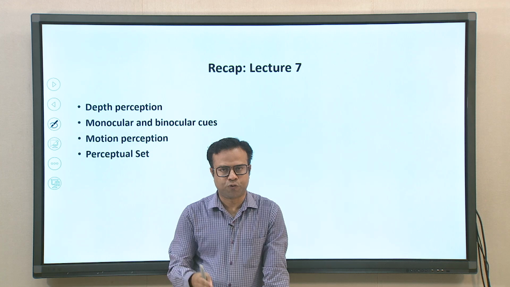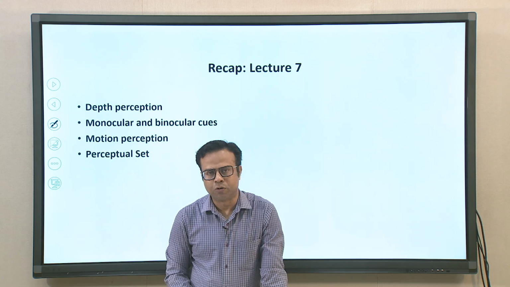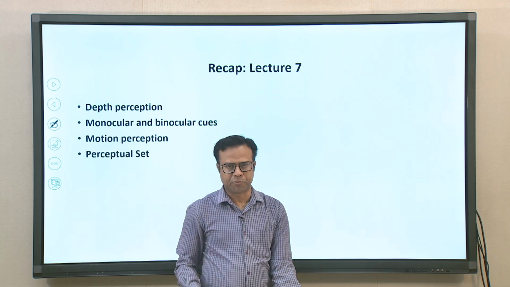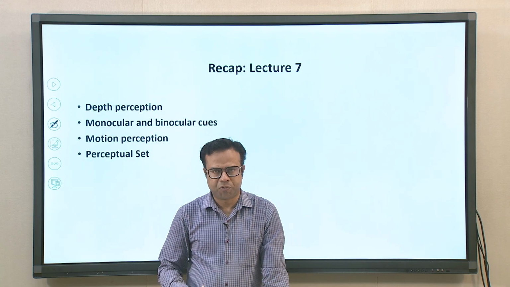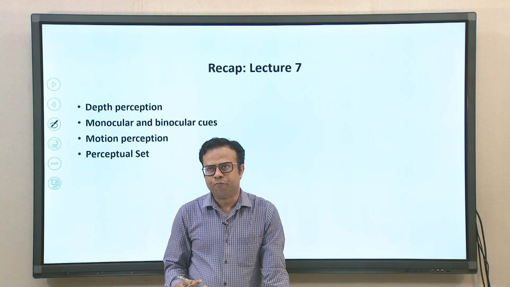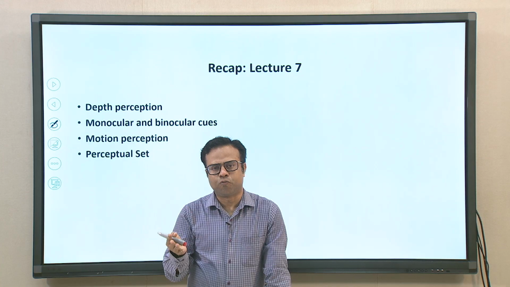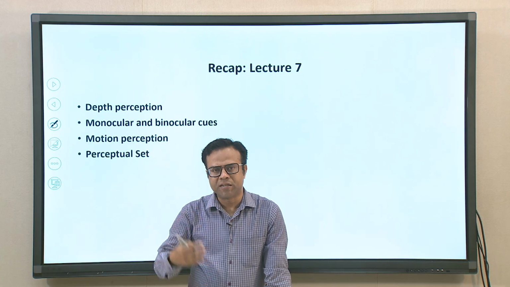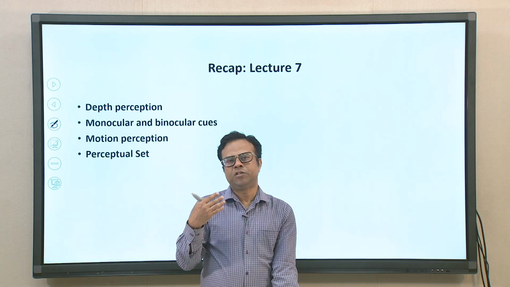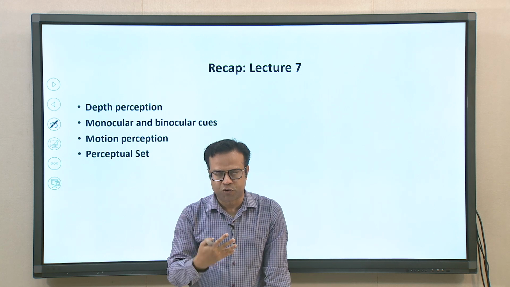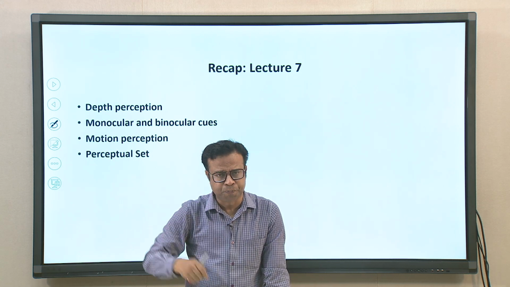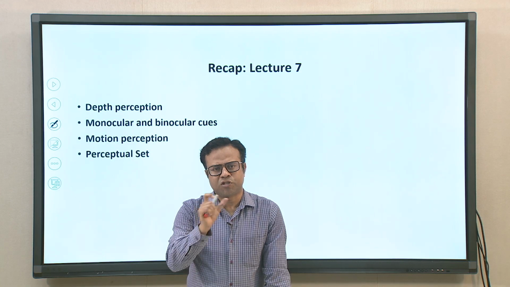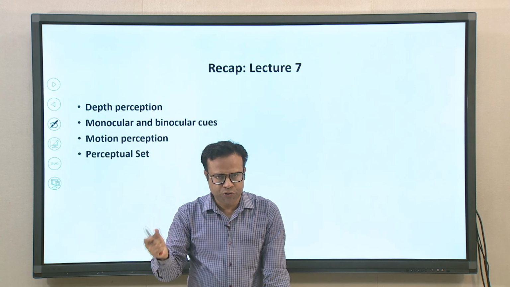The last lecture was part of the earlier module, which was about sensation and perception. In lecture number 7, we discussed the concept of depth perception, and we tried to understand the different mechanisms through which our mind and the sense organs perceive depth and distances, using the concept of monocular and binocular cues.